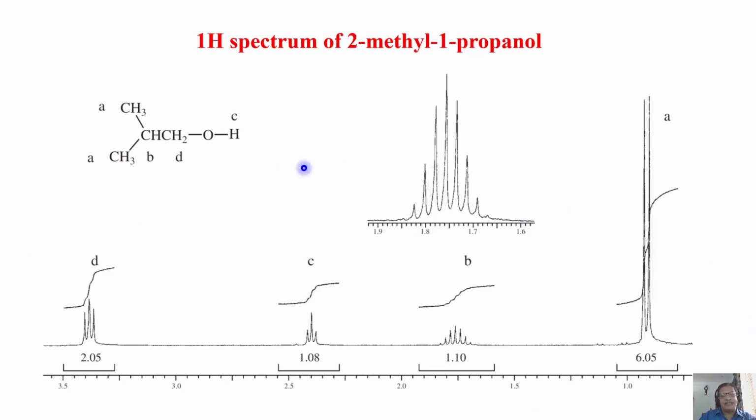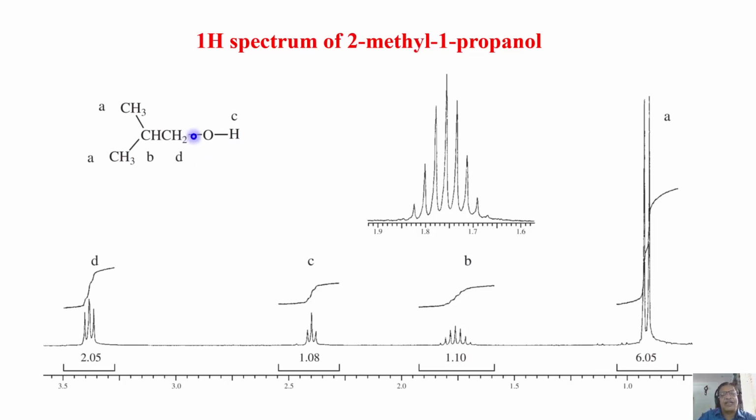Let us start with the OH proton. Normally, OH protons and NH protons are labile protons. They generally do not experience couplings so easily. OH proton especially gives rise to a broad hump.